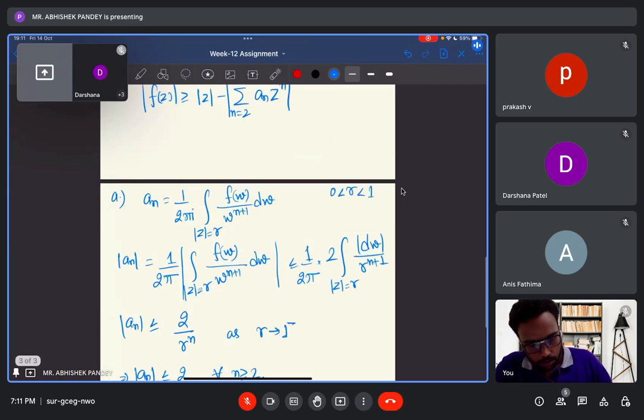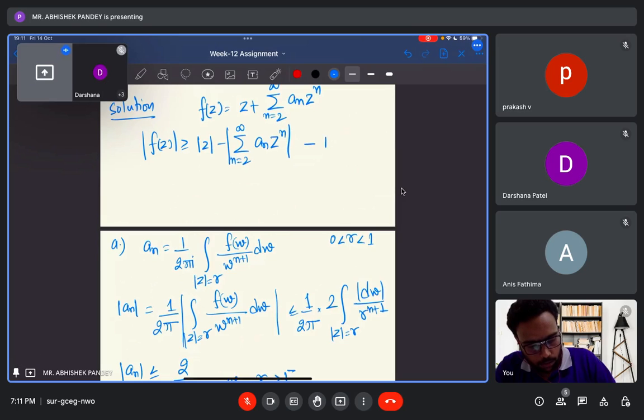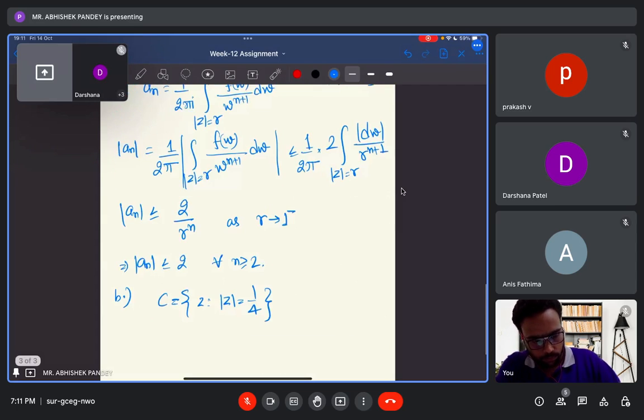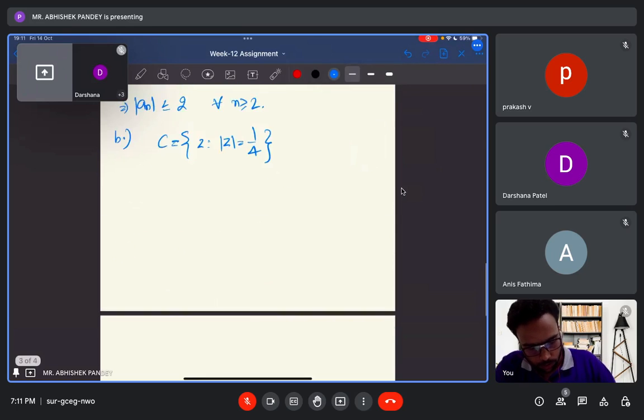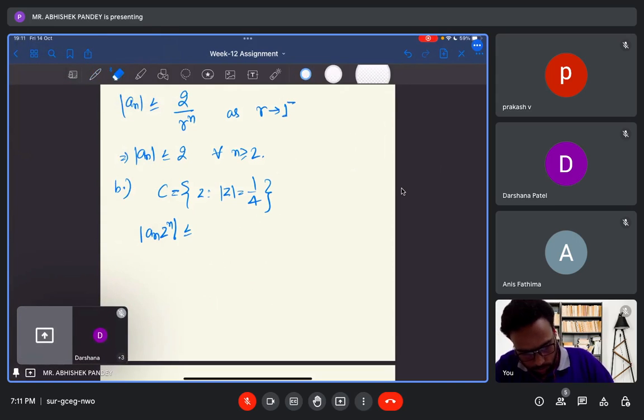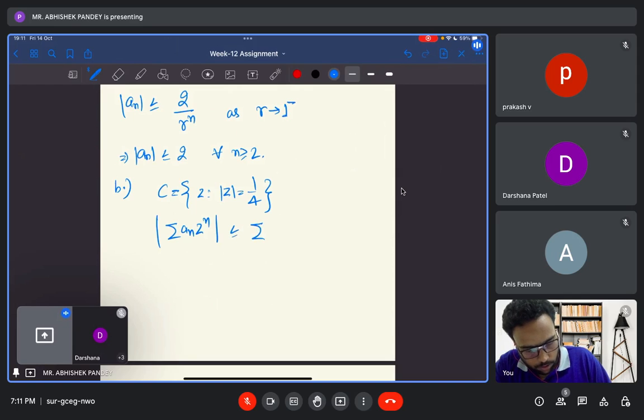Let us call this equation A. Now as we know, the modulus of summation a_n z to the power n is less than or equal to summation mod a_n times mod z to the power n.